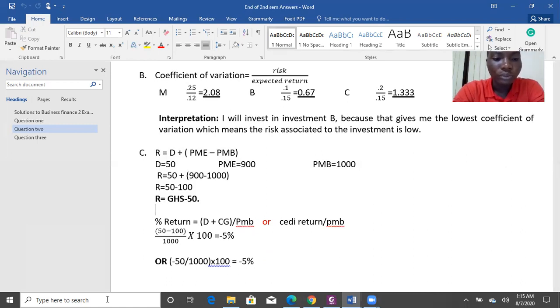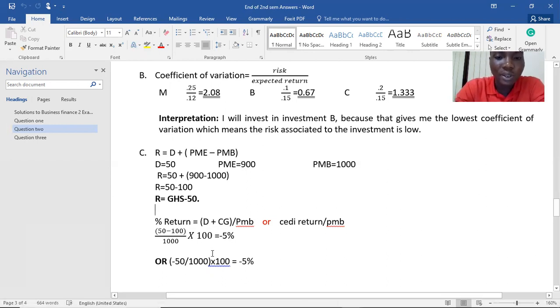So therefore, the return is negative 50. And you are supposed to find a percentage return. And percentage return is equal to your return over the price at the beginning. So if we know our return is minus 50, then the minus 50 over the 1,000 should give us minus 5% as our return.